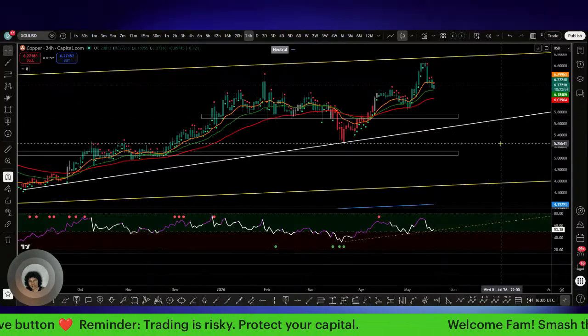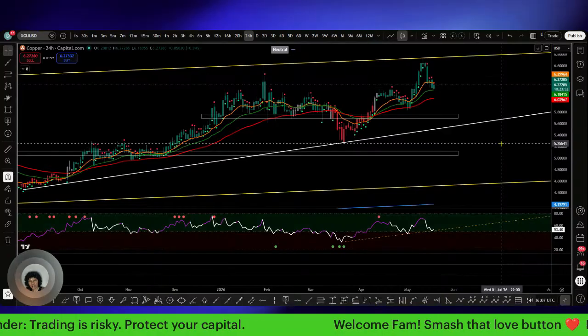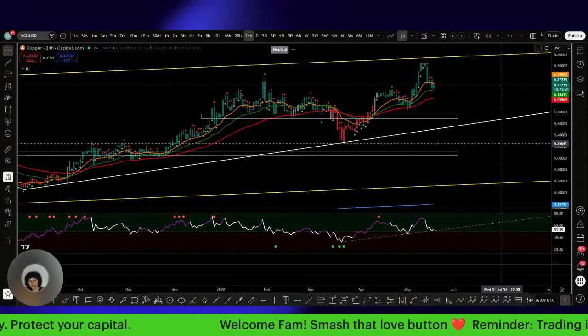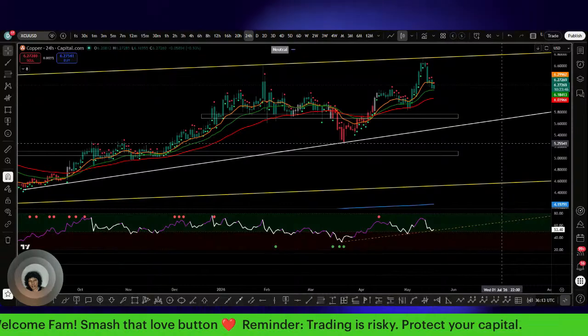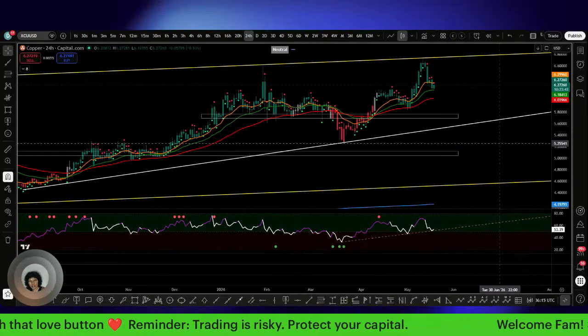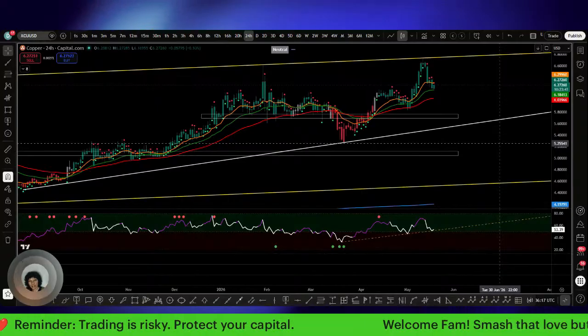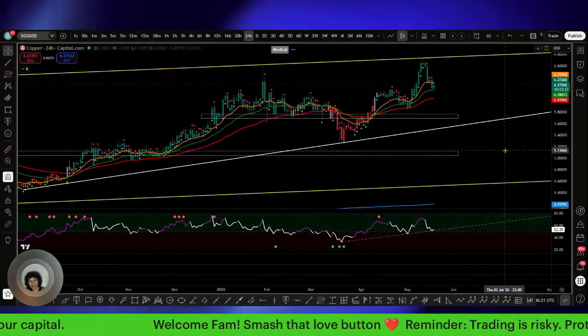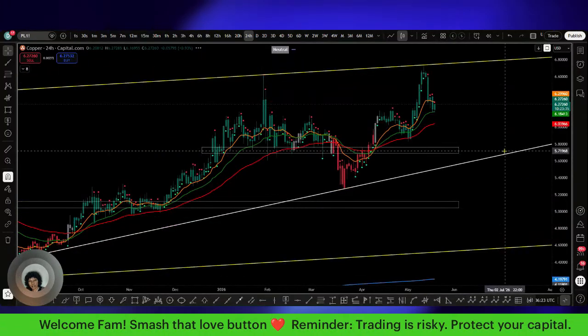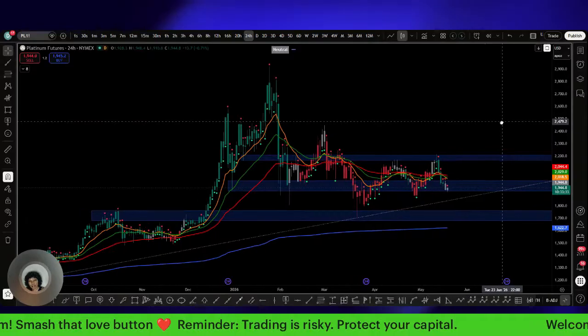Oh, copper's pretty good. Copper's pretty good though. I think with copper, personally, I would continue to wait on a better entry. I mean, you'd be taking a chance doing it off of that. Sometimes it's worth it.